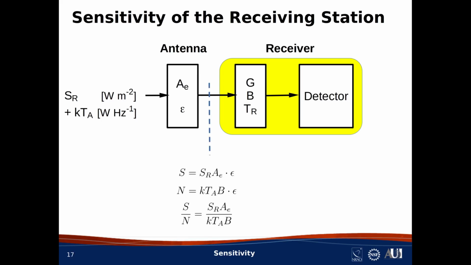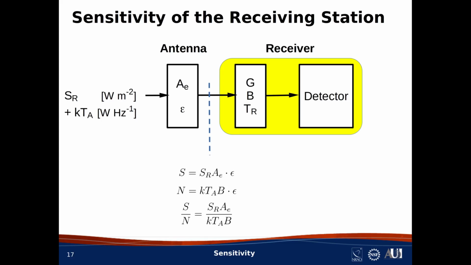Now, as before, we want an expression for the pre-detection signal-to-noise ratio. It's easiest to work that out in two steps. The first step is to see what we have at the interface between the antenna and the receiver. Here, signal power, S, is just S sub r times A sub e, as usual, and this will be reduced by the efficiency, epsilon.